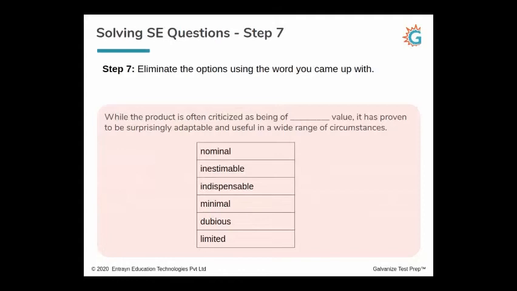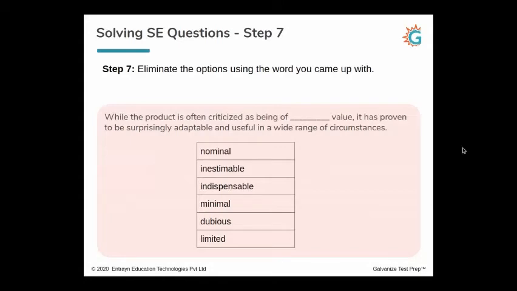Okay, first, nominal. This is where you get tricked. Okay, this is a trap answer. Nominal is a positive word. Okay, it means low. Yes, it means affordable. Okay, when you say this product comes for a nominal price, you mean that it comes for a low price, which is a good thing.